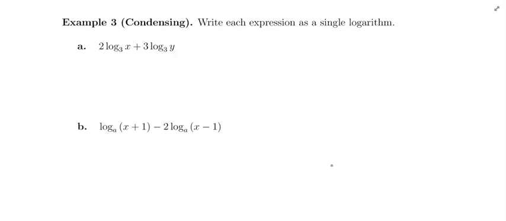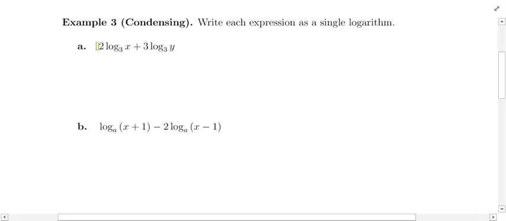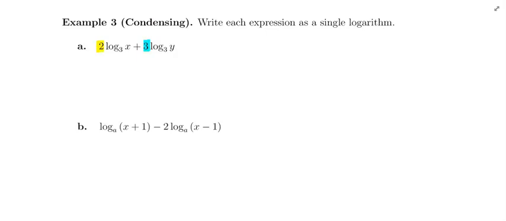When you are condensing, when you are turning everything into one logarithm, your first step is always going to be to look for numbers in front of the logarithms. In the first logarithm here, I've got a 2 out front, and in the second logarithm, I've got a 3 out front. So each of our logarithms is being multiplied by a number.